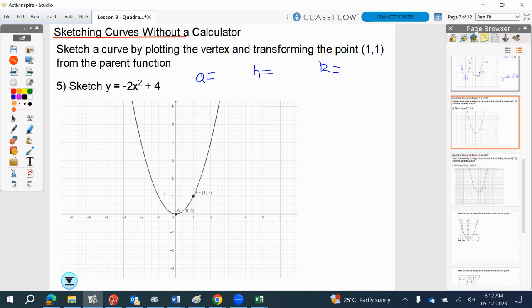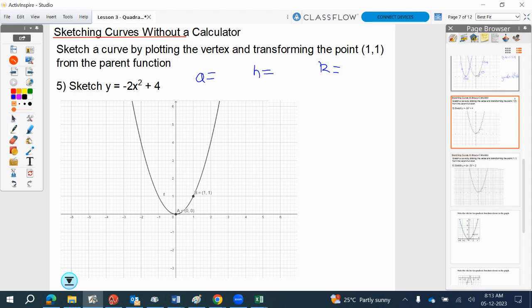So you want to write down the general form: y equals a bracket x minus h squared plus k. Whatever is added at the end is your k, and whatever is inside the bracket is h, and then square. So a is whatever you multiply x by.